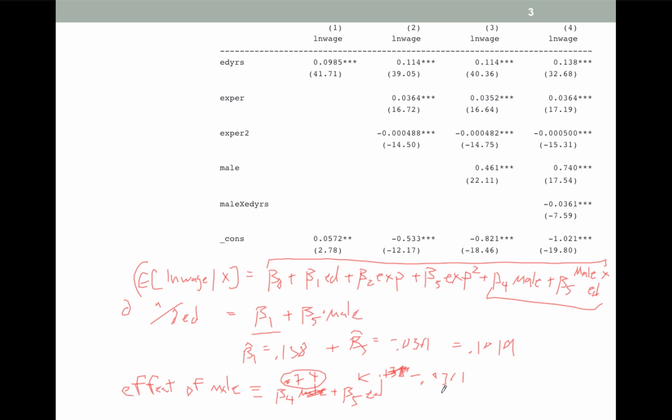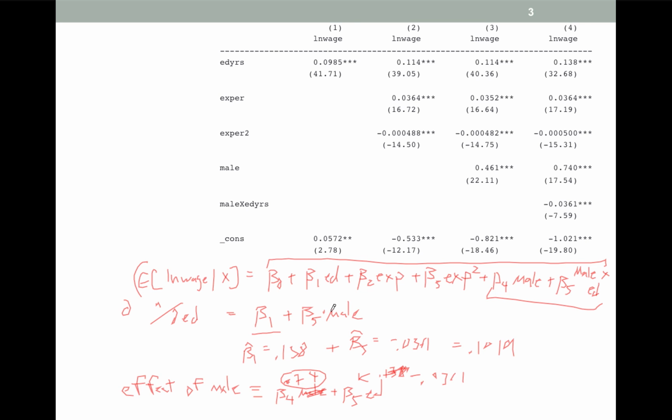So what we're saying here is that the effect of male, the average difference we expect to see between males and females, is about 0.74 in the log wage for individuals that have no education, but that gap drops as education increases, which of course is perfectly consistent with what we just looked at before. That is, the higher returns to education for women. So we expect to see, as men and women both acquire more education, that the gap in their wages drops in this data.